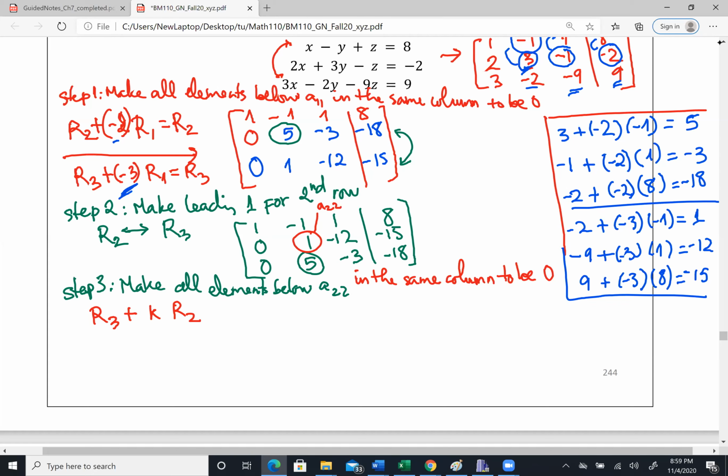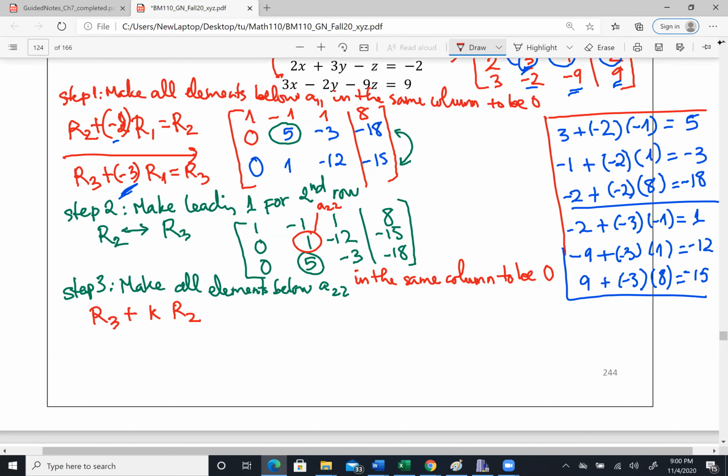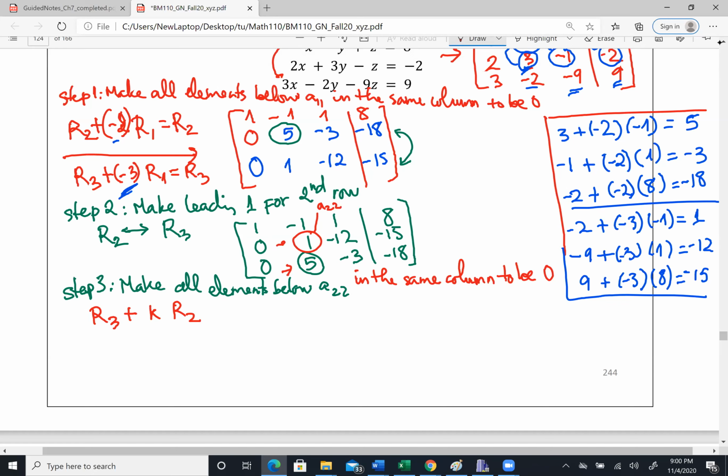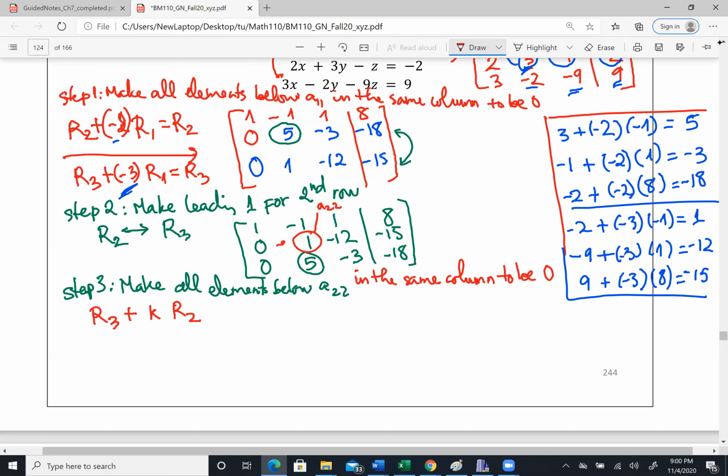You're just going to change R3 by adding a non-zero number multiplied by R2. So what is that going to be? R3 was 5 here, and if you want to make it 0, you need to subtract 5. So that means you need to multiply by -5 for the number 1 here, right? So that means K should be equal to -5.